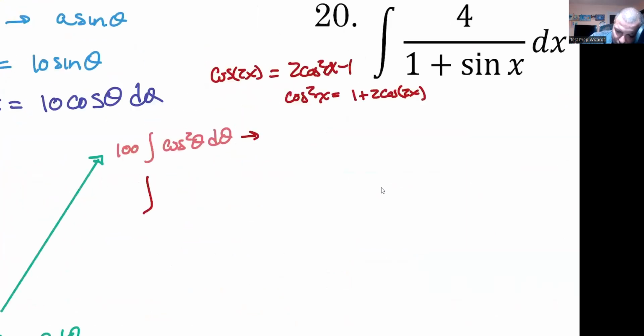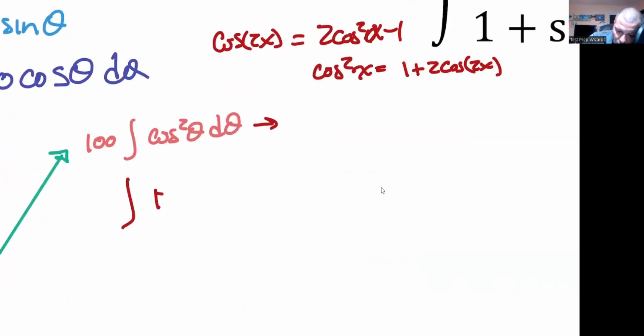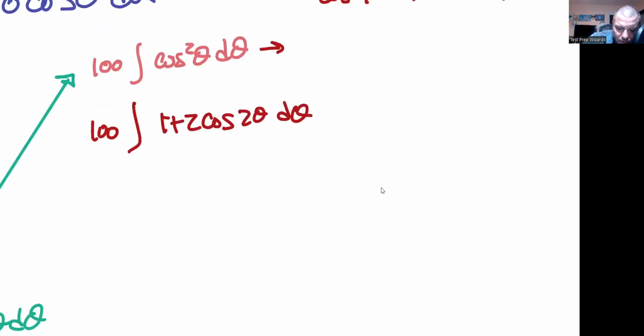So then we can take this integral and rewrite it as 1 plus cosine of 2 theta over 2, right? Because I have thetas instead of x's. d theta times 100. Then I can take this integral in parts.